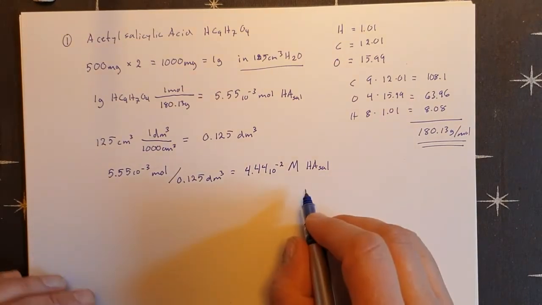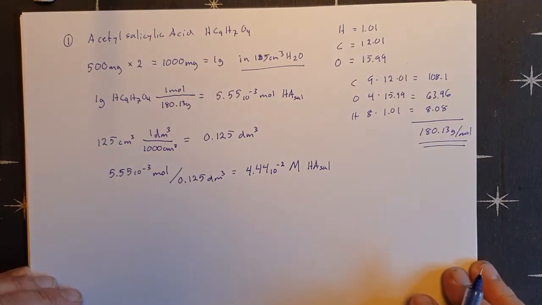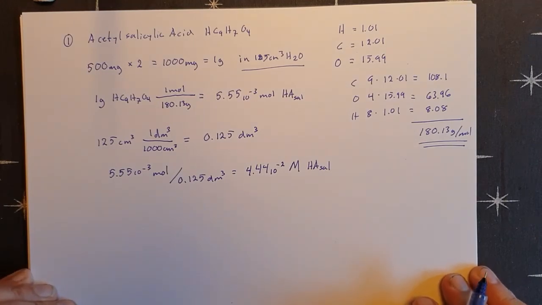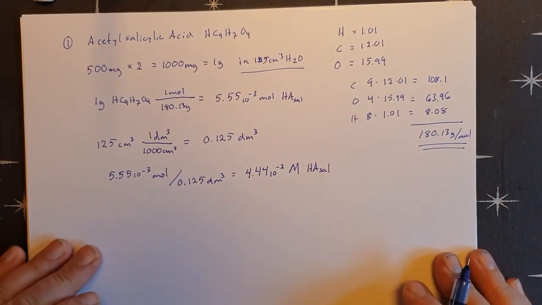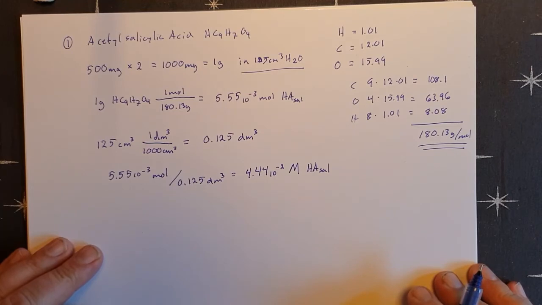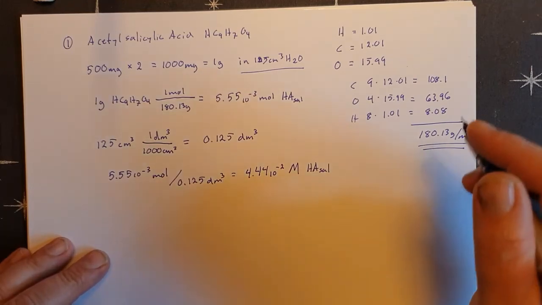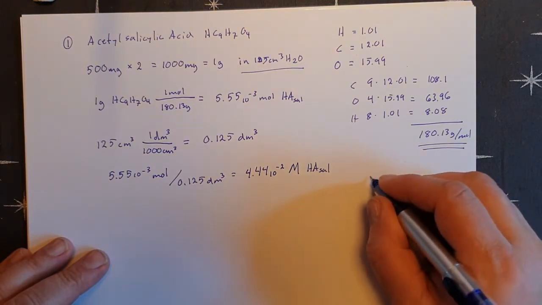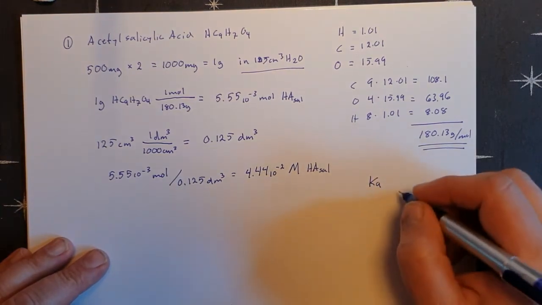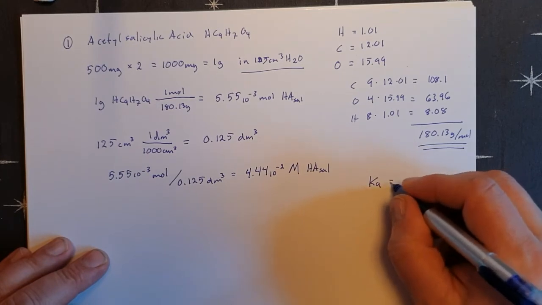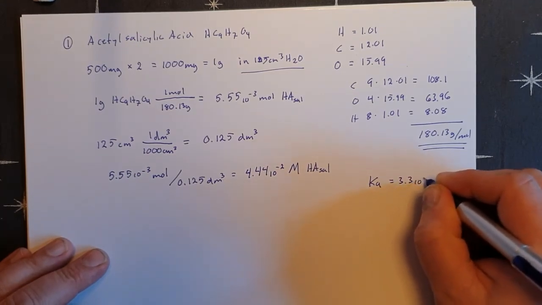We need to take this value and put it into the ICE box in order to determine the pH using the Ka, which is also stated in the question. So we can write the Ka for this acid, acetyl salicylic acid, is equal to 3.3 times 10 to the minus 4.